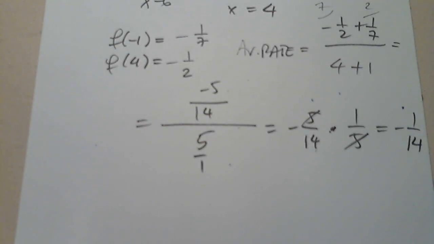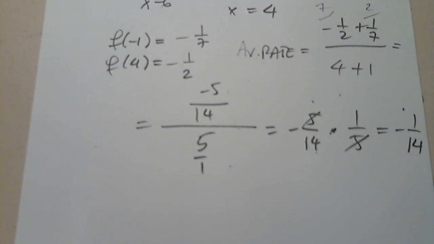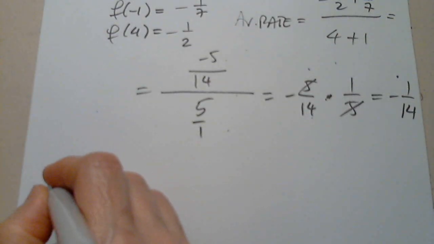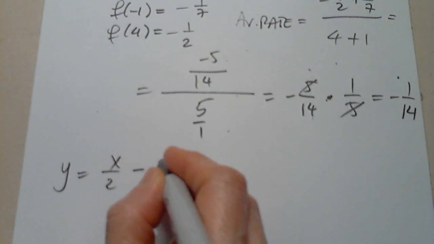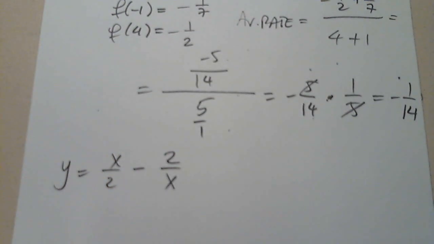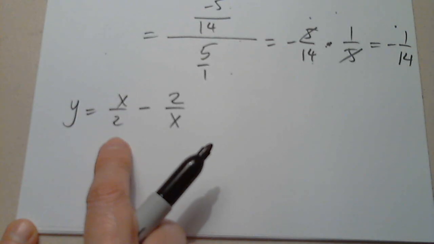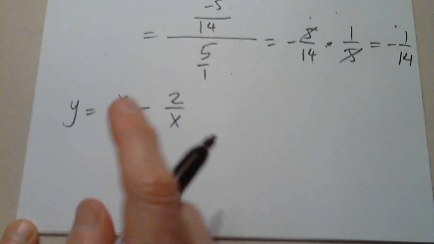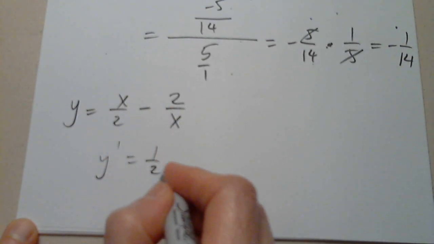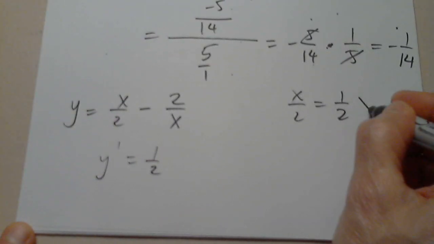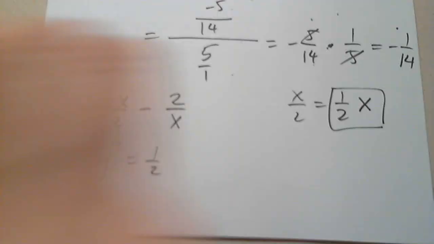Okay, so let's differentiate. Any questions before we continue? So y equals x divided by 2 minus 2 over x. So careful, this is 1/2 when we differentiate, because x over 2 is to be understood like this.